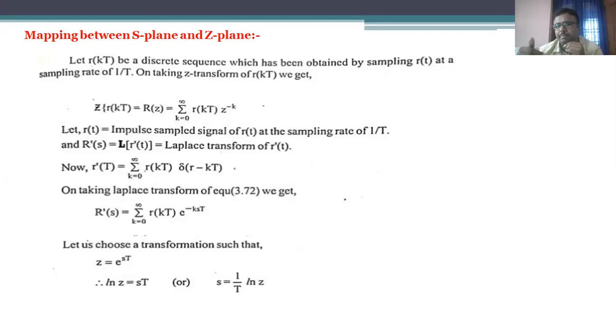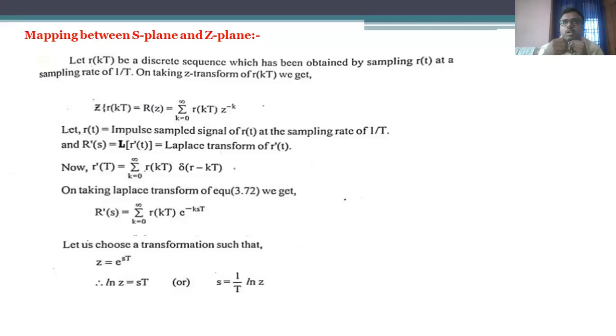A signal which is multiplied with the impulse signal is called the impulse sampled signal. Therefore, we have considered this particular R of kT as an impulse sampled signal.